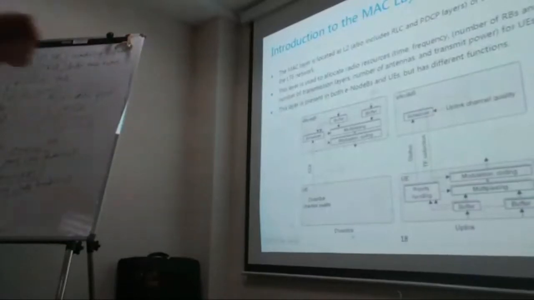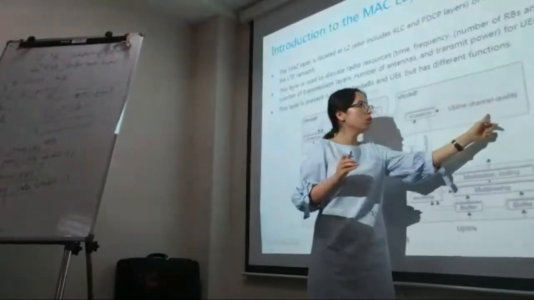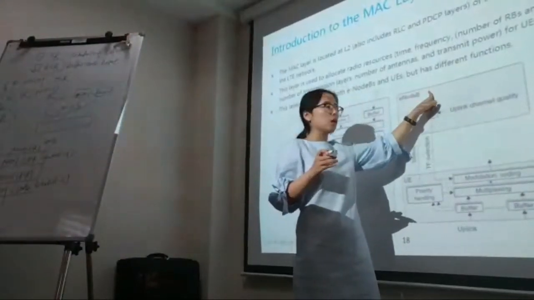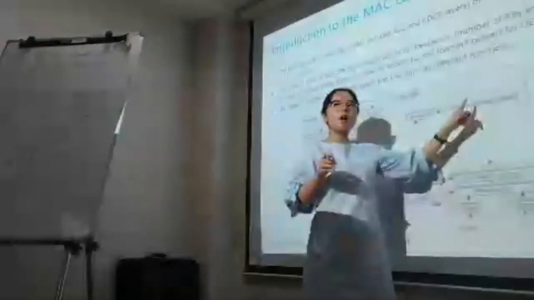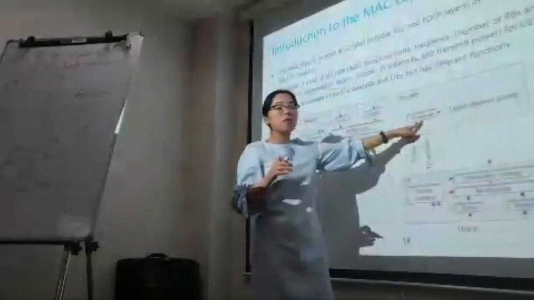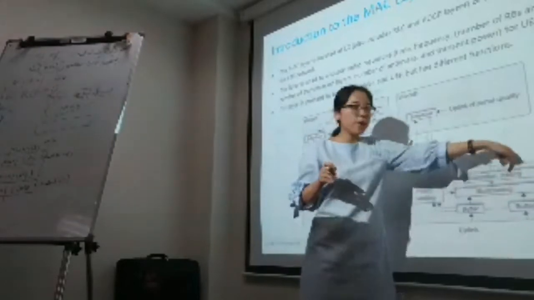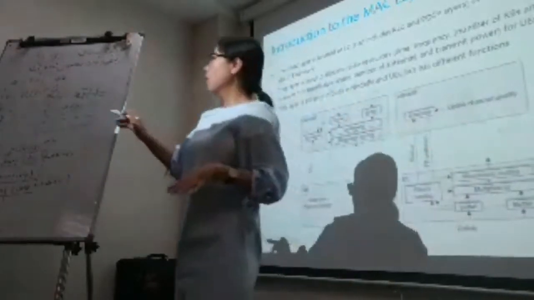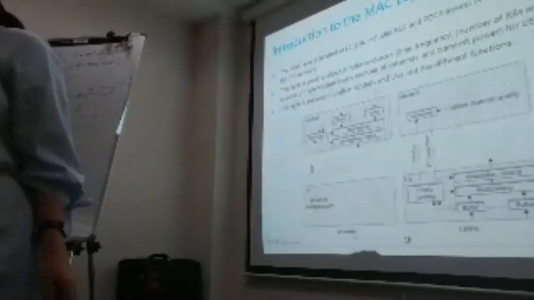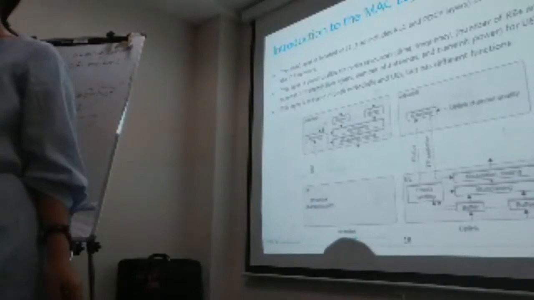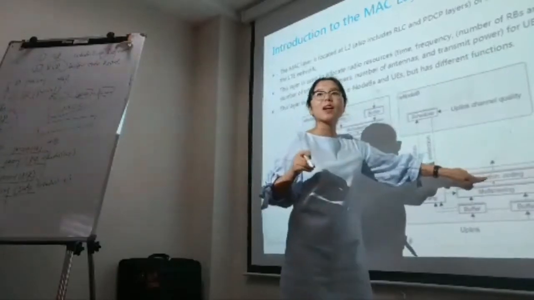So it depends on the uplink channel quality, which is measured by the eNodeB. If the eNodeB can measure the channel quality accurately, it can select a proper modulation and coding scheme. If it cannot select a proper MCS, it may generate a high bit error rate, or it may slow down the bit rate.